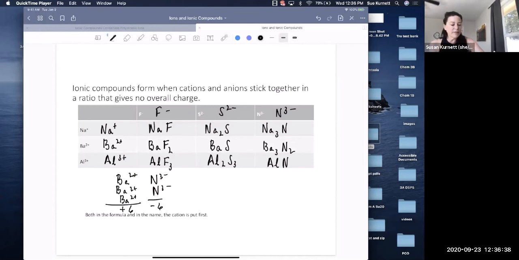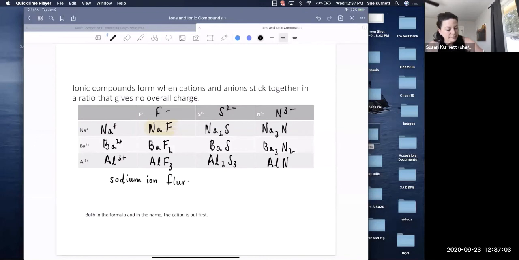Okay, so both in the name and the formula, we always put the cation first. So here I go. I want to name this first one. It was sodium ion and fluoride ion.